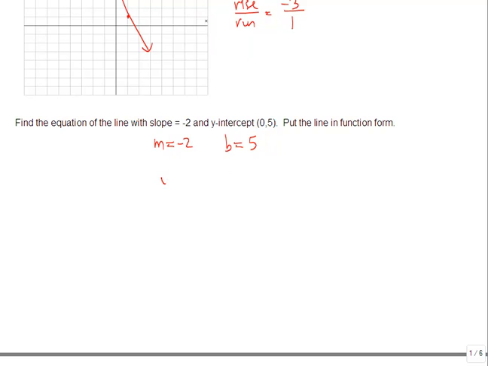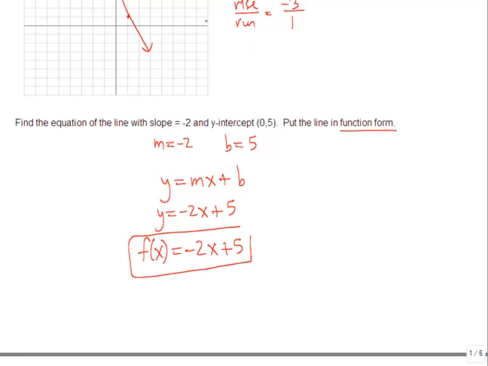So this is perfect because we have this slope-intercept form called y equals mx plus b. So to write the equation of the line, all I have to do is substitute in -2 for the m and +5 for the b, and there's my line. The only problem is it's not in function form. So all I have to do to put it in function form is swap out the y with f of x, and then I have my function. So f of x equals -2x plus 5.